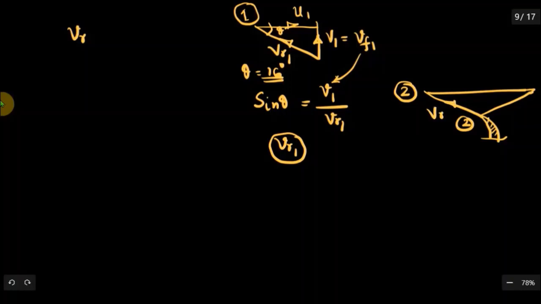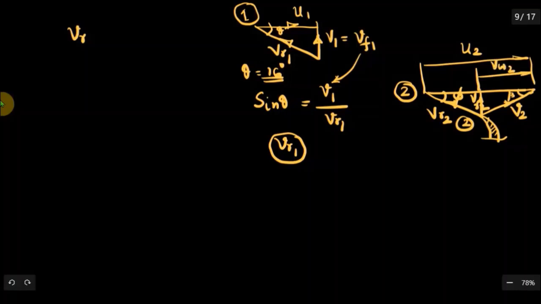This is your VR2, and this one is your V2, and the total distance here is your U2. If you draw a perpendicular to U2, that is your VF2. This angle is phi, this angle is beta, and this part is VW2.